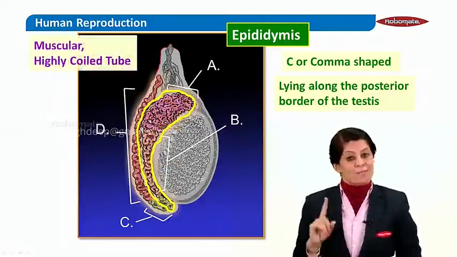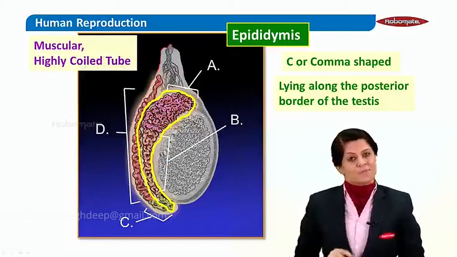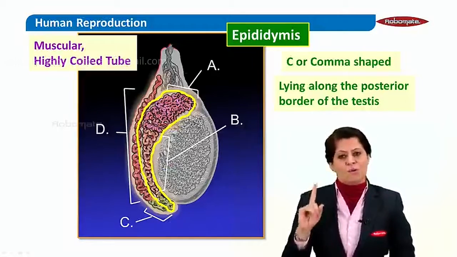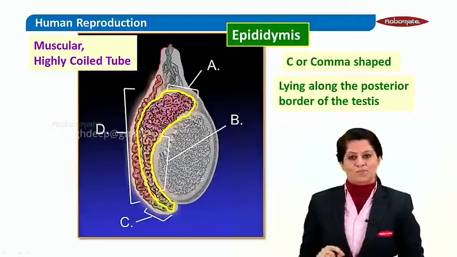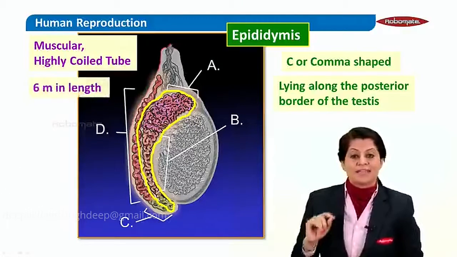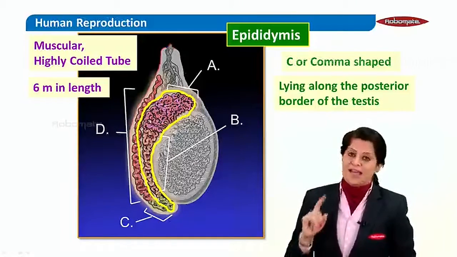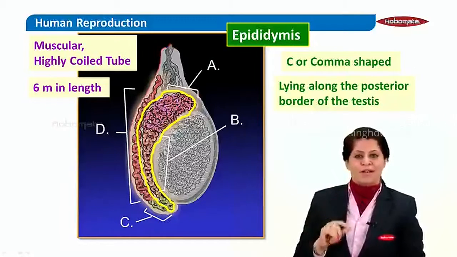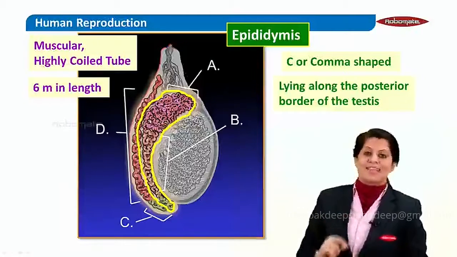It is a muscular, highly coiled tube, with a thin layer of muscles in it. And how long is this tube, students? It's pretty long. It is around 6 meters in length, which is very long. That means there has to be some very important function of these tubules, which we'll just see.